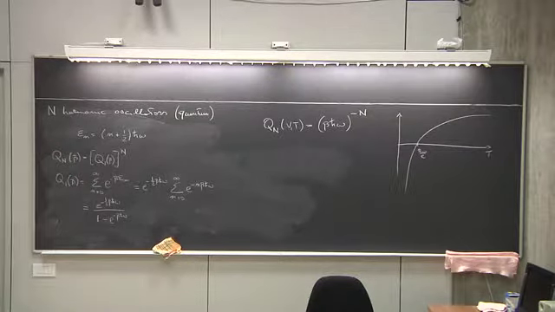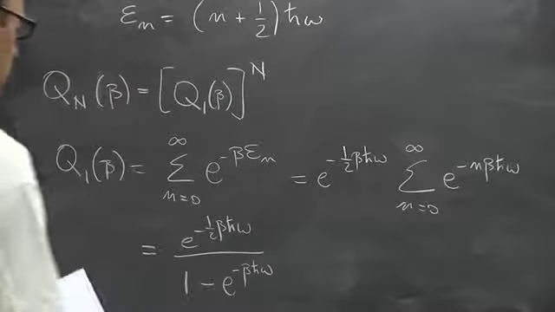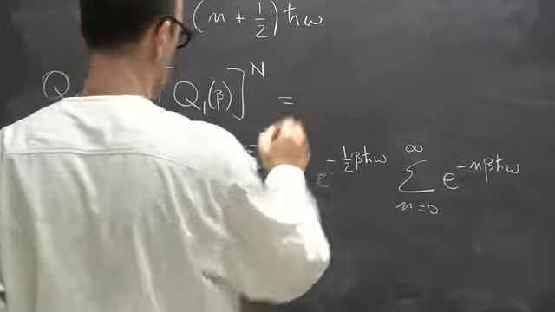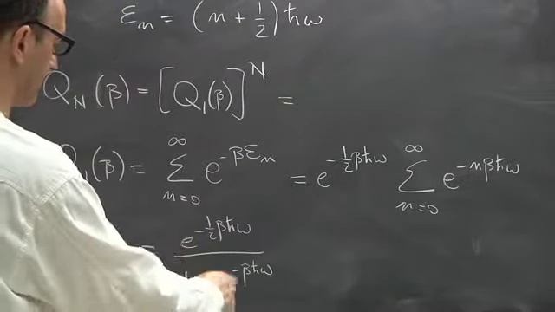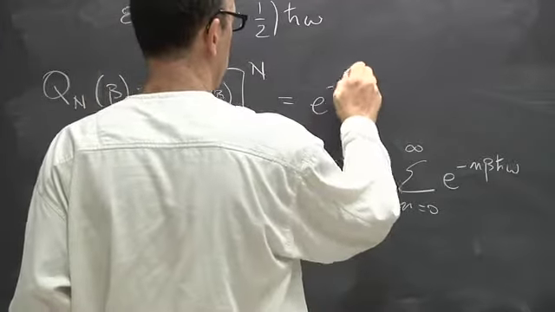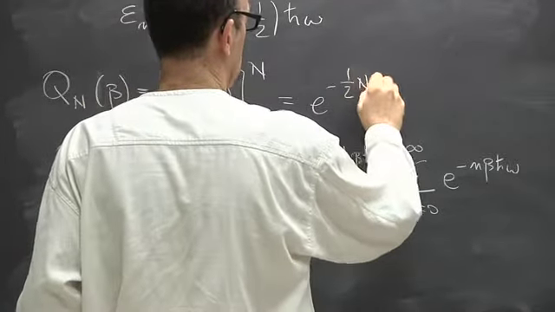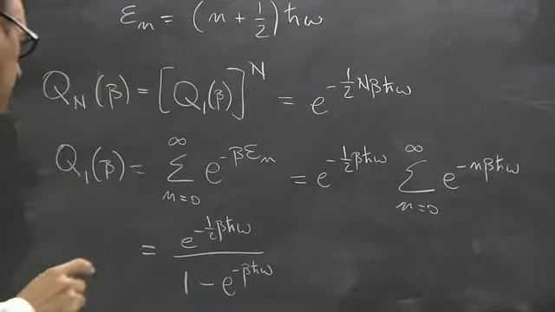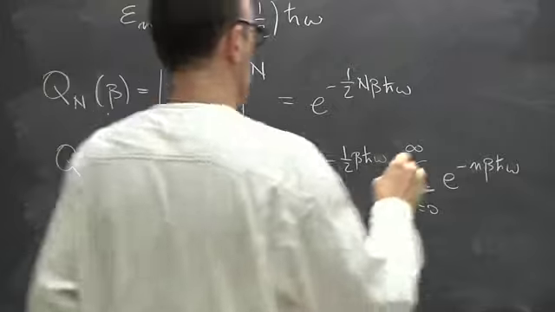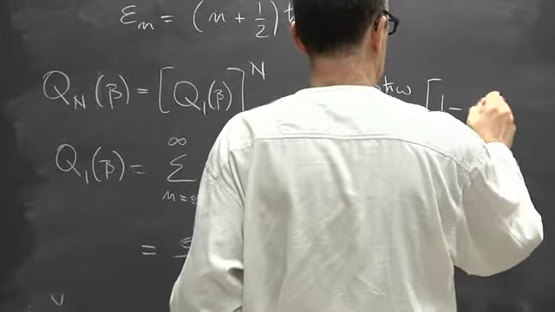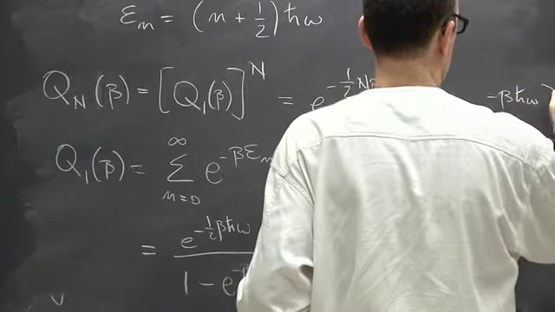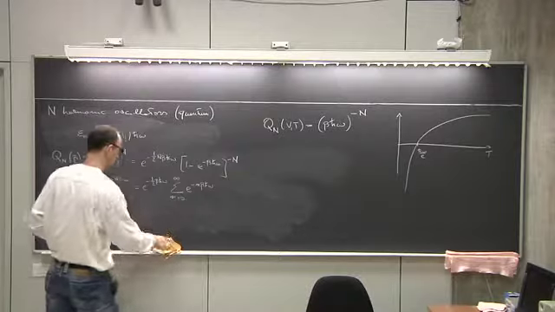This is the partition function of one single oscillator, and so the partition function of n of them will be just this raised to the power n. So it's e to the minus 1/2 n beta h bar omega times 1 minus e to the minus beta h bar omega to the power minus n.